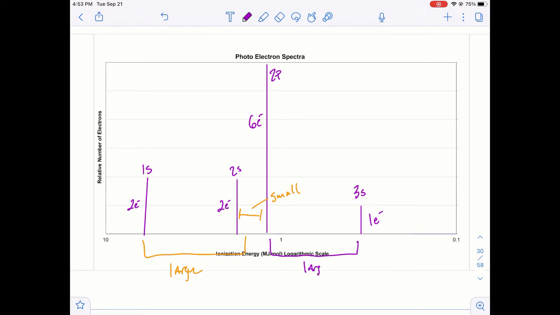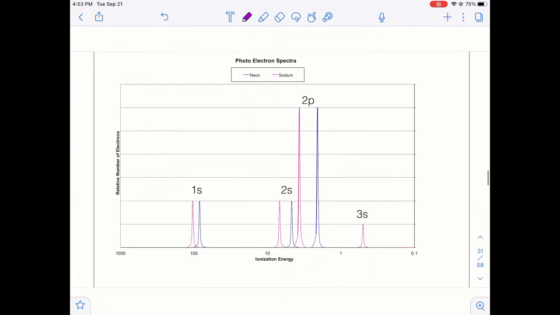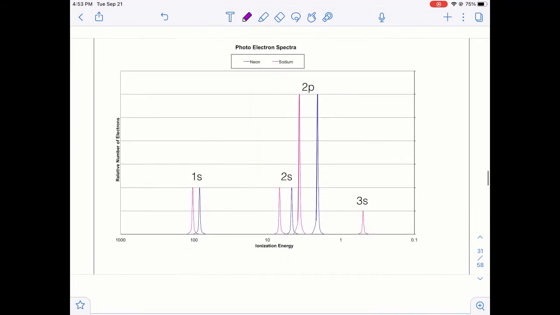So as electrons get placed into the atoms, they're kind of repetitive. Each energy level is a little bit different, but they also have similarities. So let's look at what sodium would actually look like. In this case, I've shown it overlaid with neon.